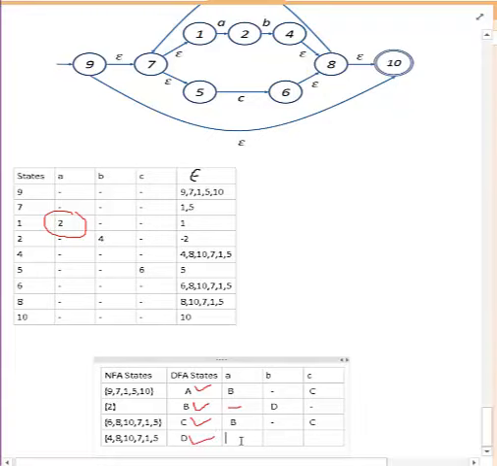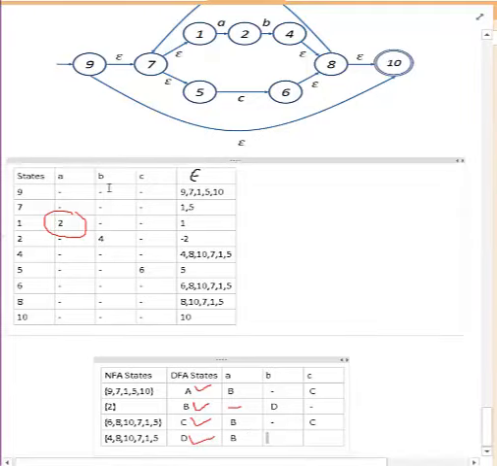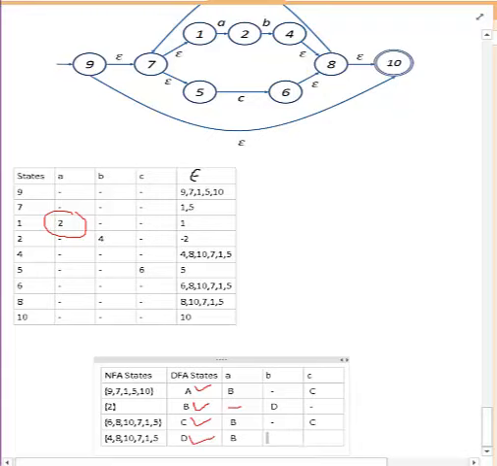Okay, now from the D on the A, it is only having a 1. Is 1 here? Yeah, it is. So I have to move from 1 to the 2. So 2 is called the B. So I can go from D after taking input 1 to the state B. Now on taking B, it is having only the 2. Is 2 here? 2 is not here, so I'm not going anywhere here, right?